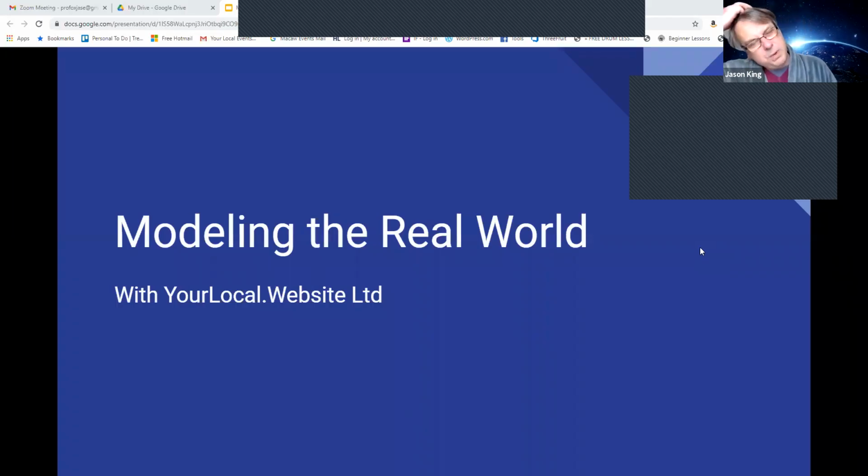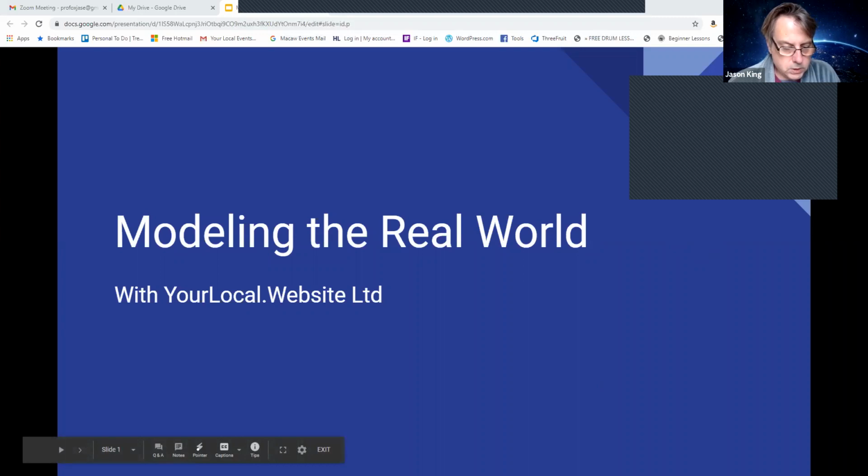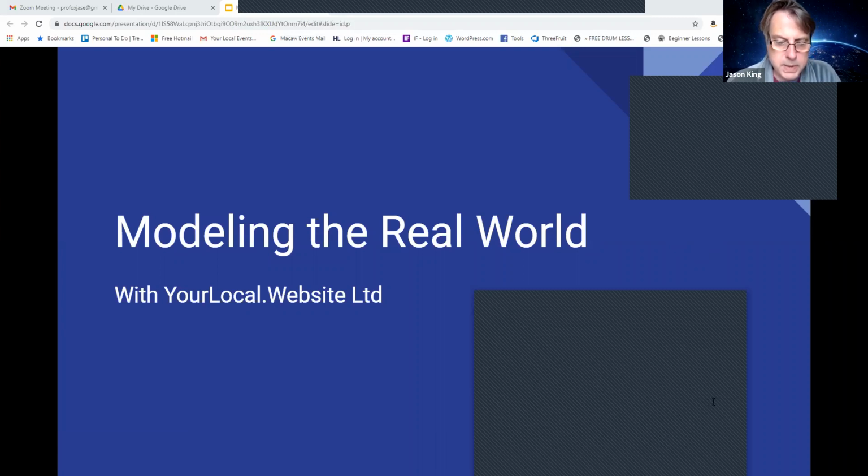Okay, let's have a look at modeling the real world. Now we're getting into the meat and potatoes of starting to learn how to program, which is good. What I could say about modeling the real world is you're already really good at it, kind of. For as long as you can remember, you've had an understanding of everyday things around you, which you picked up as a child.